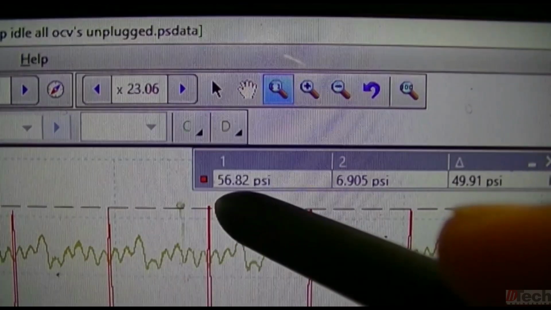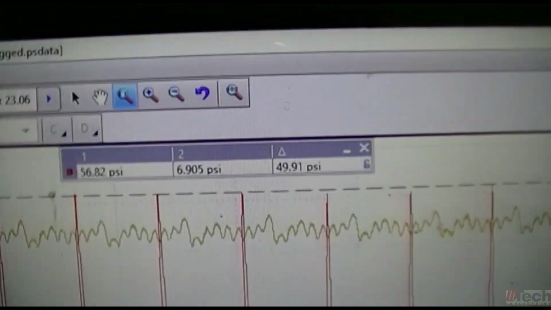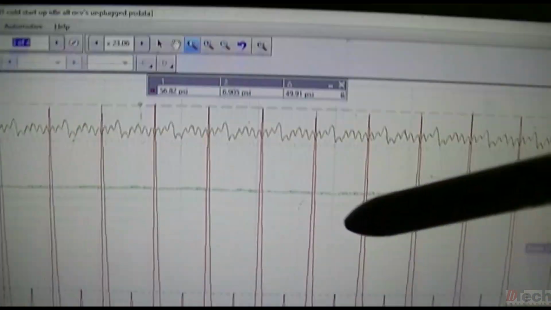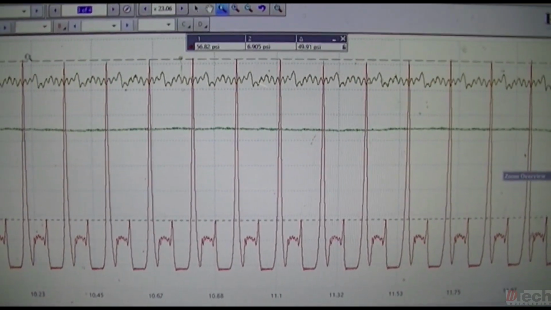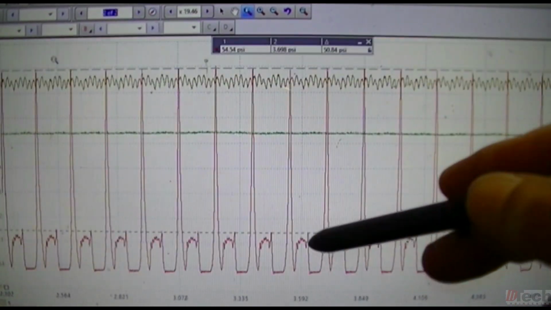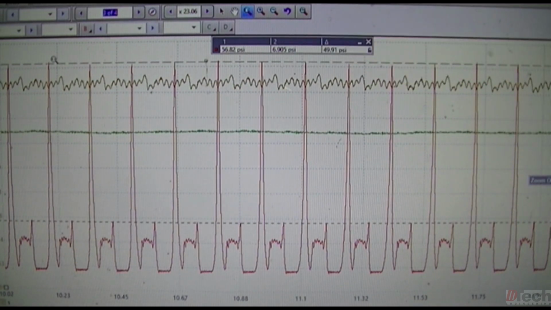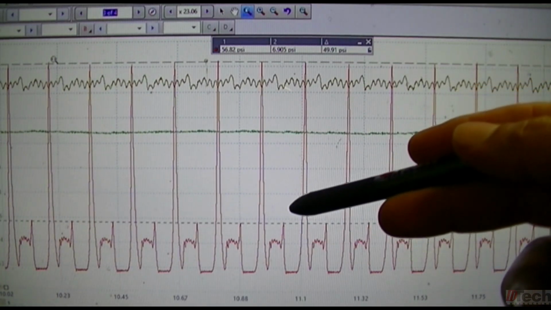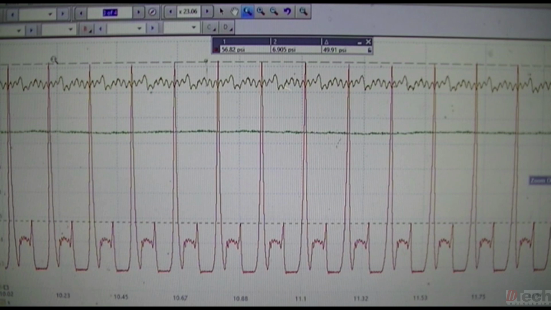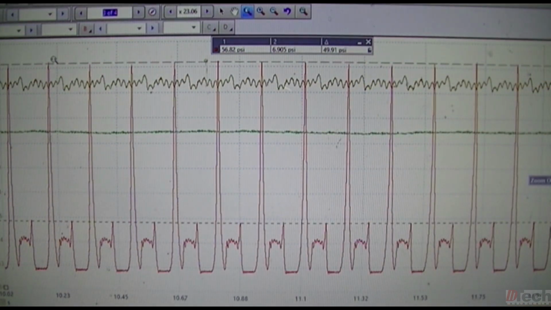This one's running about 56, 57, and the rising point of pressure about 7 psi. So big difference for sure at the bottom point. Not so much of a crazy difference up top, maybe 2 psi. So the difference on the exhaust is about 3.5 psi. Definitely bank to bank should not be that much different, and we know that it's being introduced due to timing being advanced.